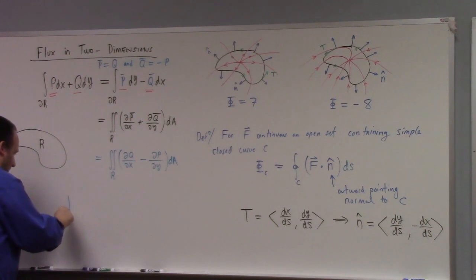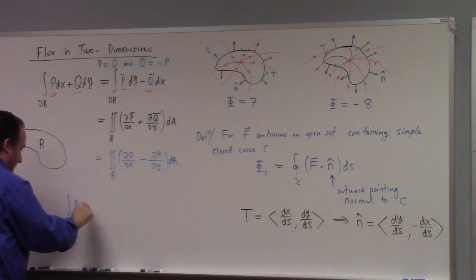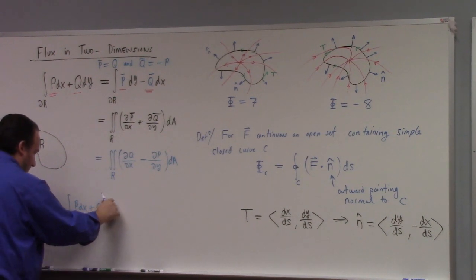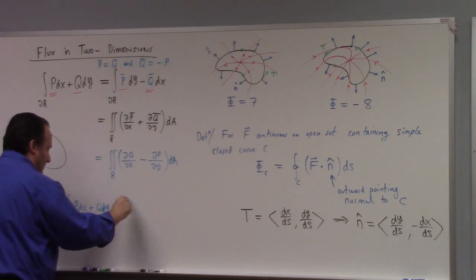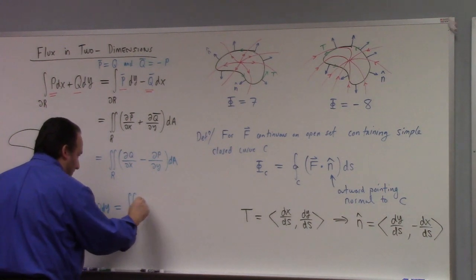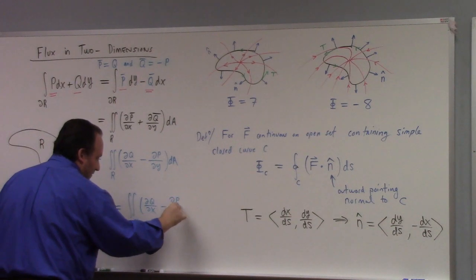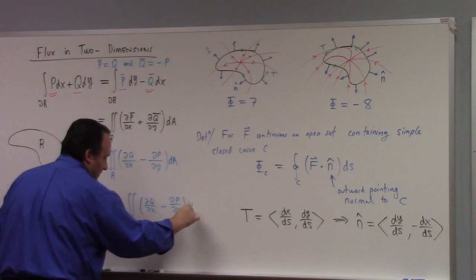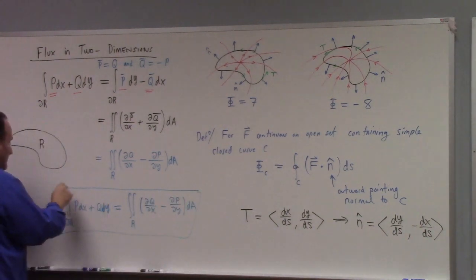And so, if we have the integral over the boundary of the region of P dx plus Q dy, well, that's equal to the integral over, well, it doesn't have to be a rectangle, it's a simple closed region, of partial Q partial x minus partial P partial y dA. And that is the usual form of Green's theorem.